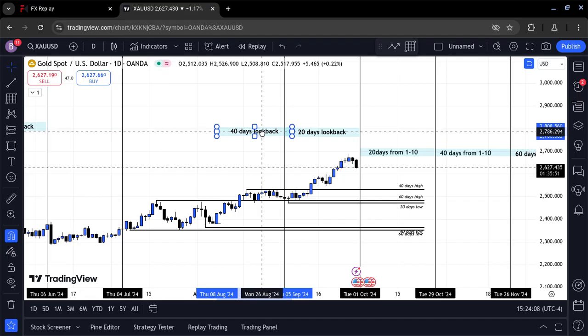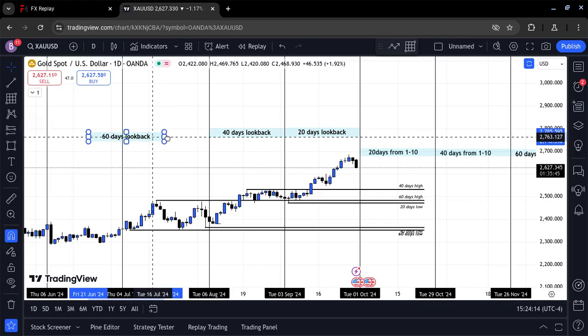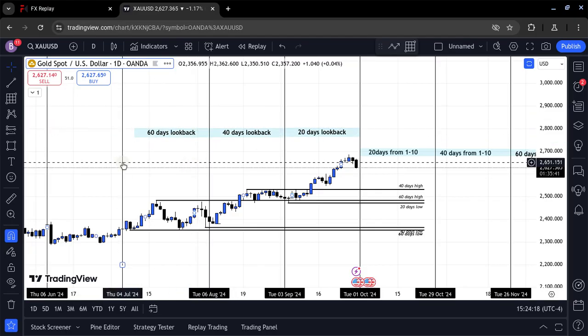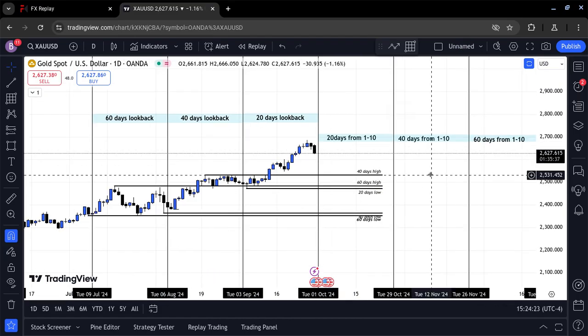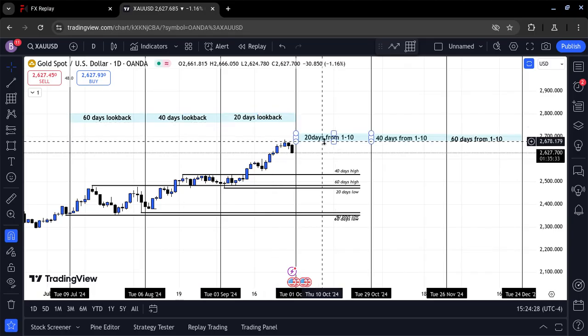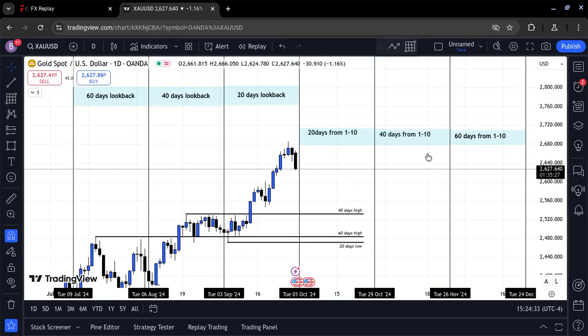This is the 40 days look back, and this is the 60 days look back right there. So now in this we have a whole playground right here. This is 20 days look back, and this is the forward. All right, if you're an intraday trader, this is your only zone which you want to look at. This is the whole zone, this 20 days and these 20 days.